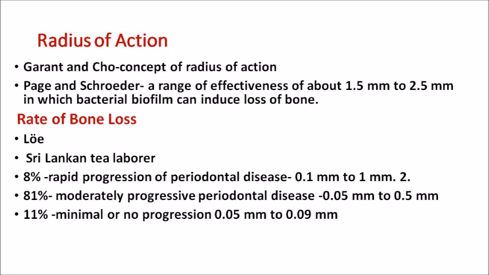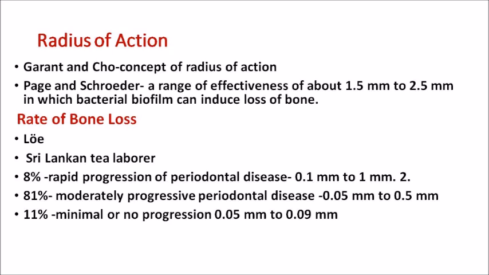Now, when this bone loss happens, there is a rate of bone loss. It was given by Löe based on his study on Sri Lankan tea workers. So, there were three groups of people showing three different rates of progression of bone loss. In 8% of the population, there was rapid progression of periodontal disease. That is 0.1 millimeter to 1 millimeter per year they found bone loss. In 81% of the population, that is the majority of the population, there was moderate progression of periodontal disease.